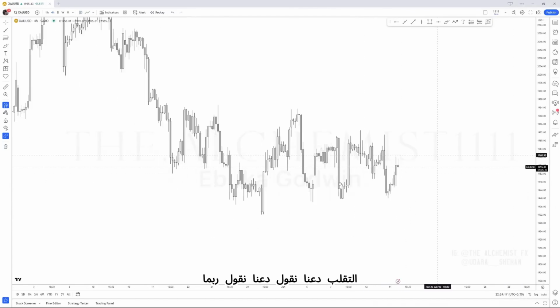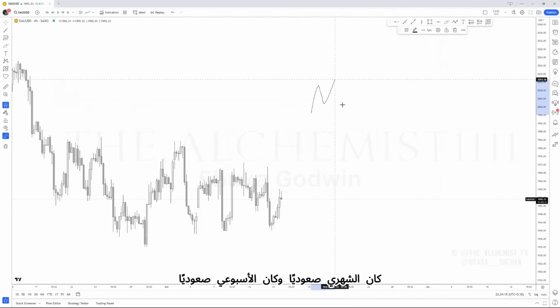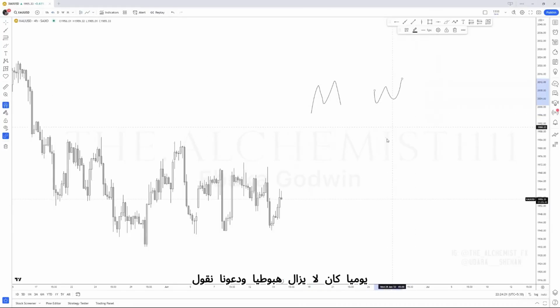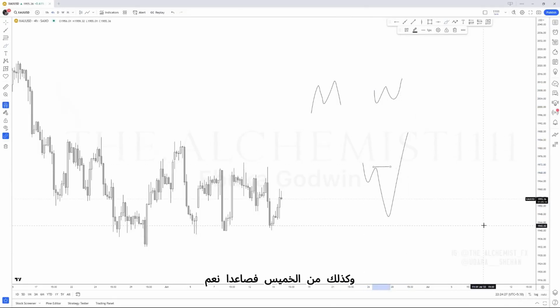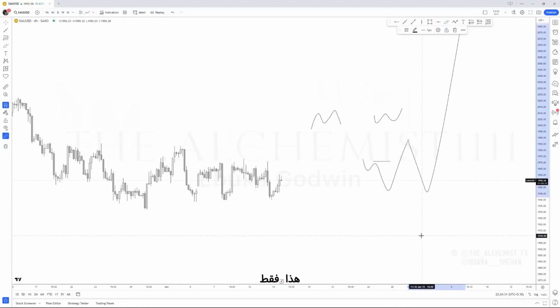Let's say monthly was bullish, weekly was bullish, daily was still bearish, and maybe on a Wednesday daily turns bullish as well. Then from Thursday onwards, you can expect very high volatility, like it just flies.